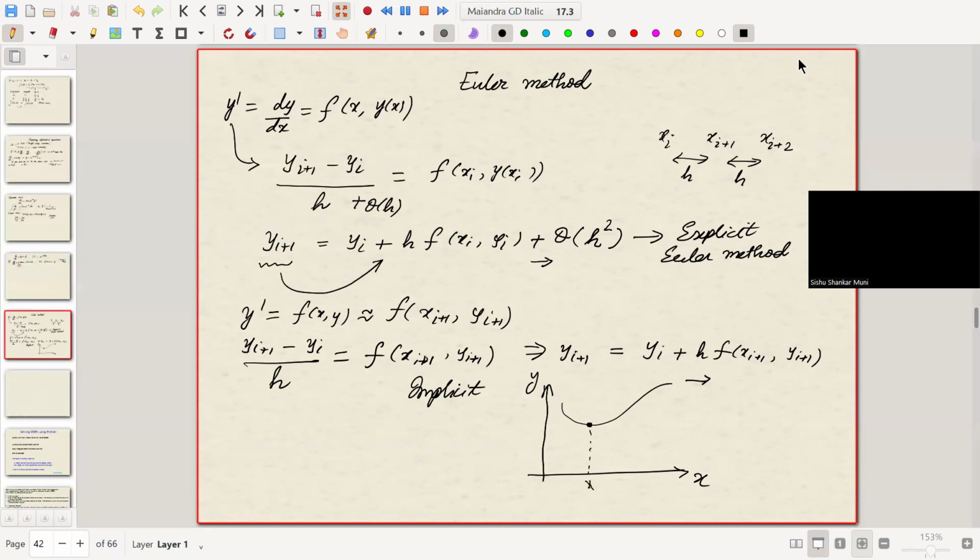Suppose xi, corresponding is yi. Now you are interested to find this point. That's your aim, right? So this is suppose xi plus 1, and the same is yi plus 1, right?